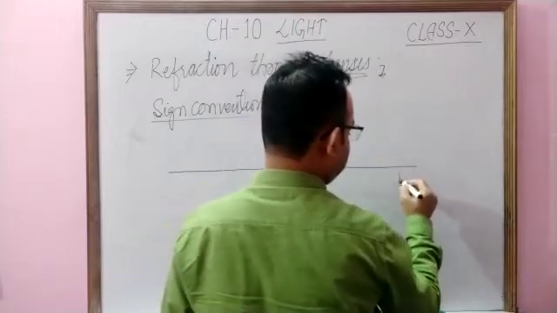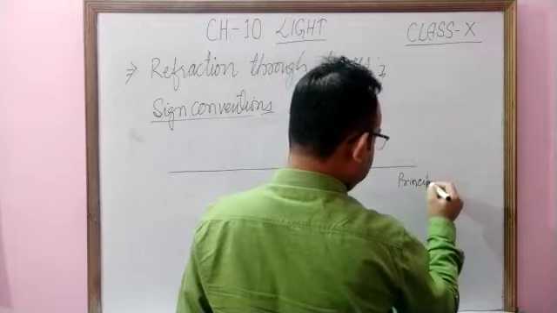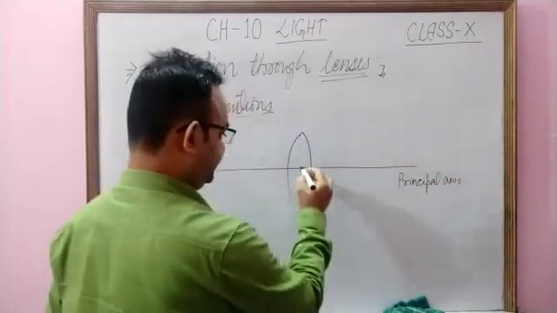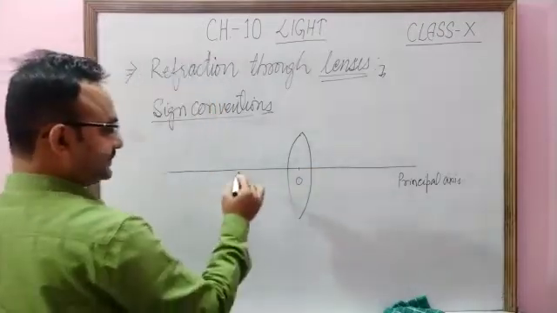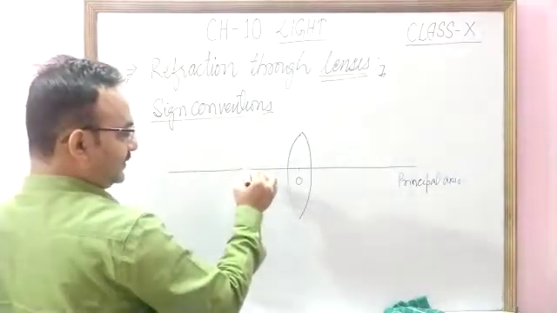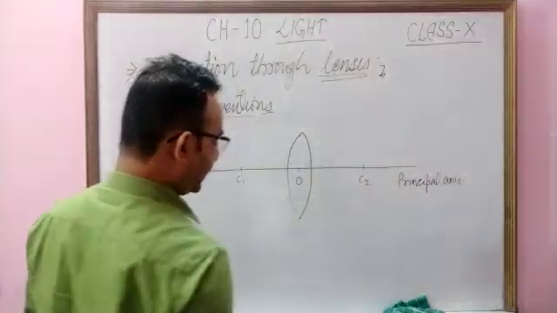This one is here: principal axis, optical center, and you can show center of curvature.